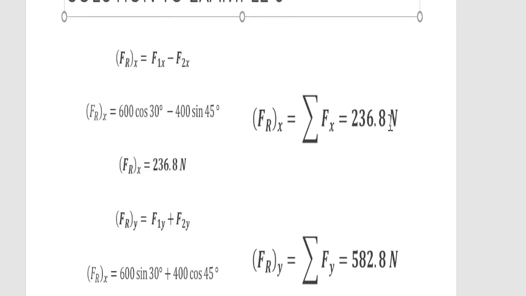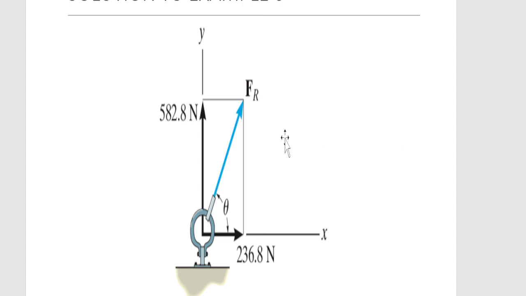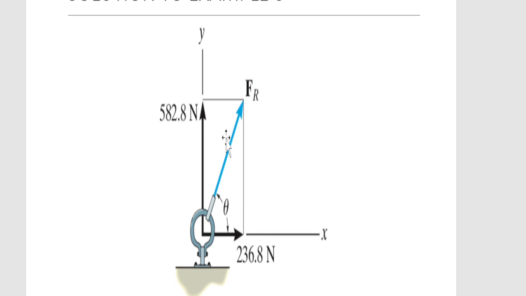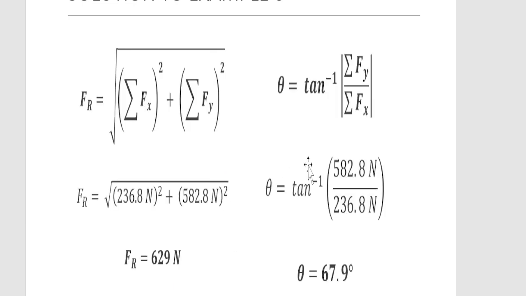Since we got the resultant, we still need to find the angle. The angle for the resultant force is theta. By using this formula, FR is equal to the root of the summation Fx whole squared plus the summation Fy whole squared, we will get the resultant force. That should be equal to 269 Newtons.